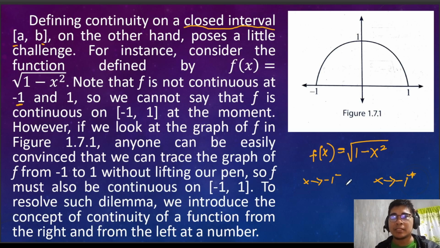And then, dapat siya equal para mahimong continuous. Diba? But sad to say, in this given radical expression, the left of negative 1, what will happen if you need to substitute negative 1 here?